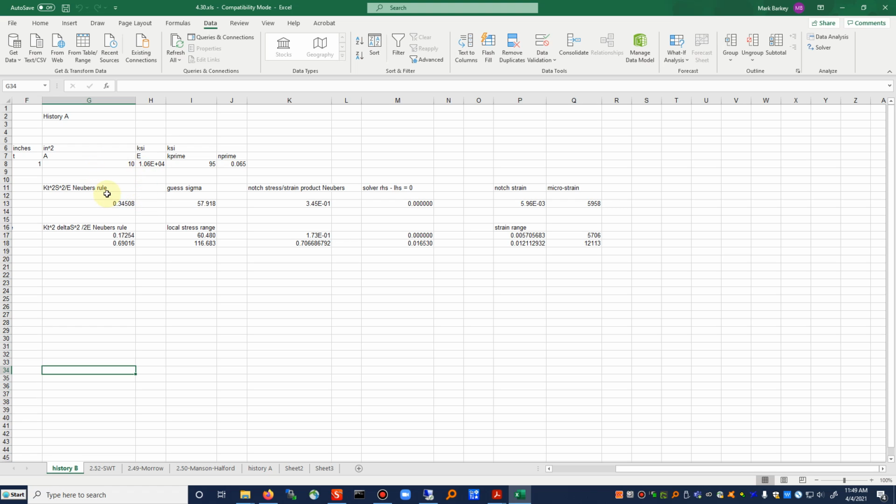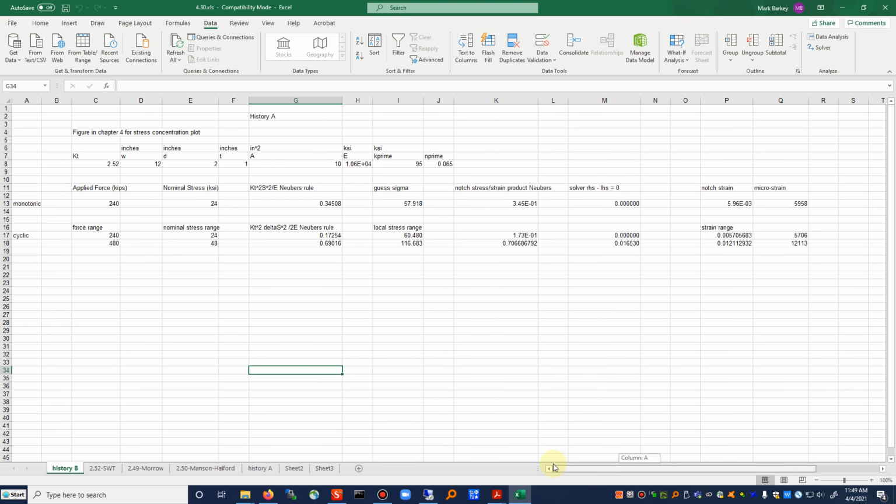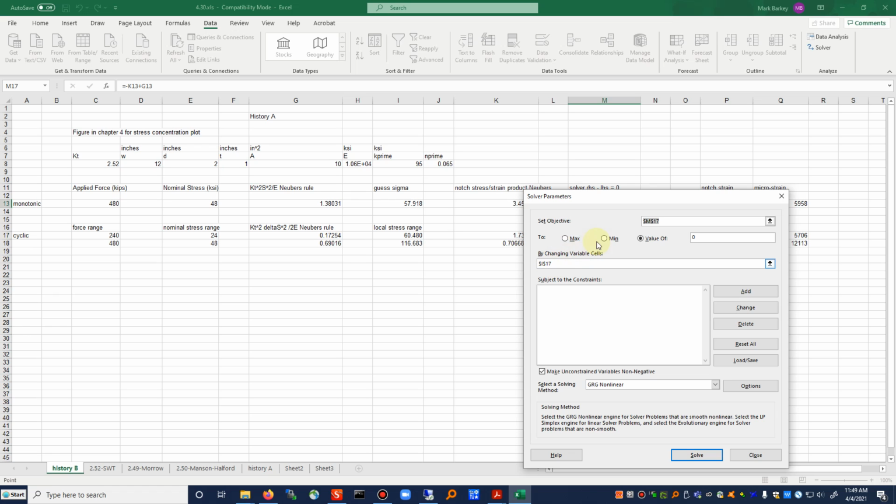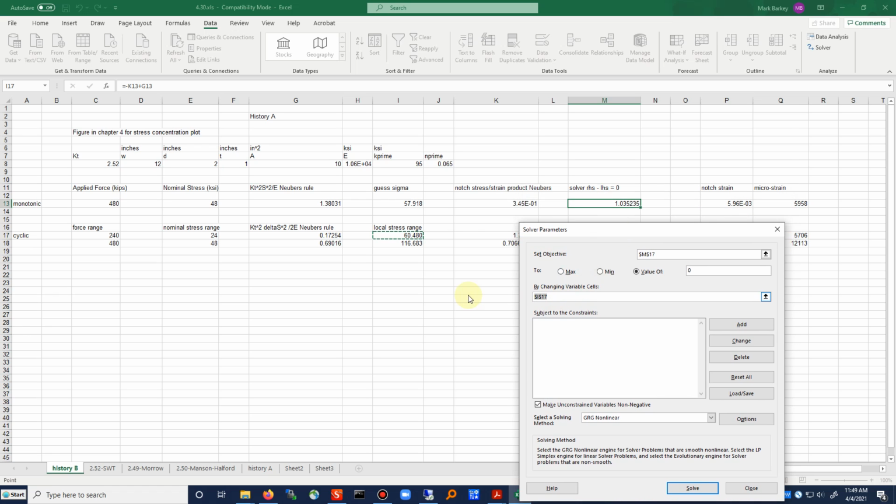Now I'm going to use 480, my applied force. My nominal stress will be 48 KSI, and I'm going to use my solver to drive this to 0 by changing that cell.